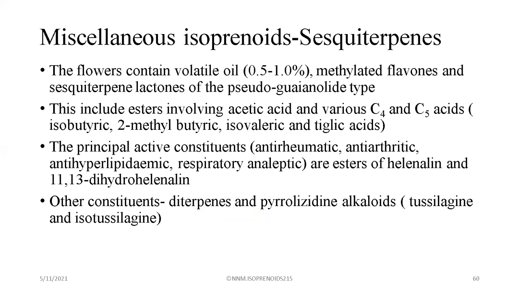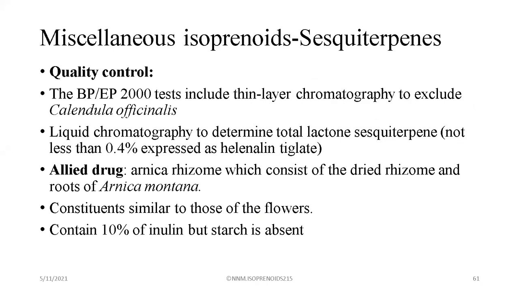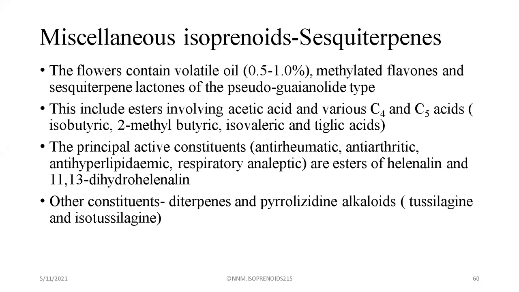You can go through that, but personally I don't think it is very important, but you can also go through it in your own time. The principal active constituents are what give rise to their functions: anti-rheumatic, anti-arthritic, anti-hyperlipidemic, and also respiratory analeptic properties.